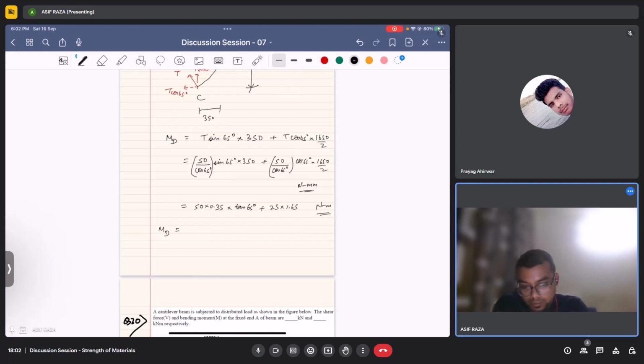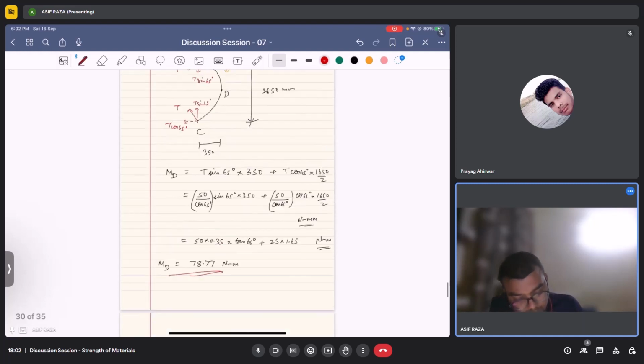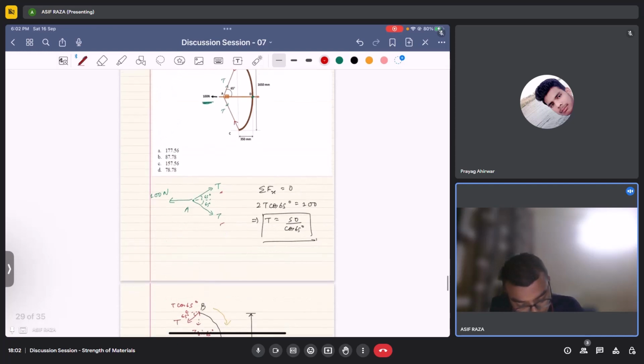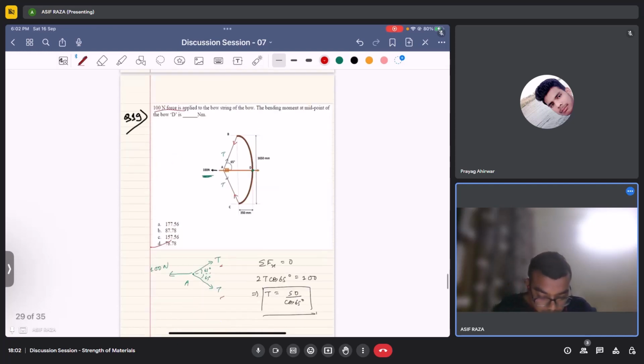Tan 65 into 50 into 0.35 plus 25 into 1.65 comes to around 78.77 Newton meter. Let's see the options: 78. Option D matches perfectly.